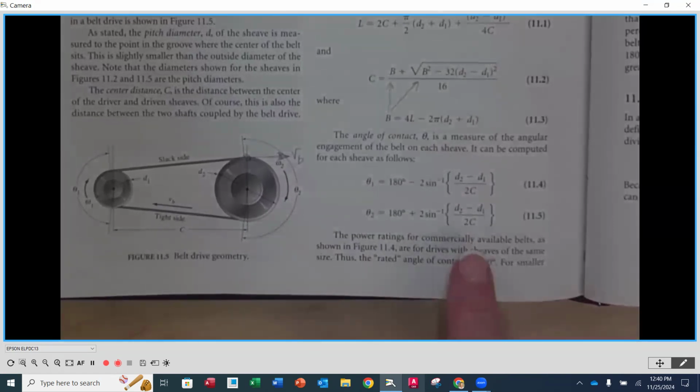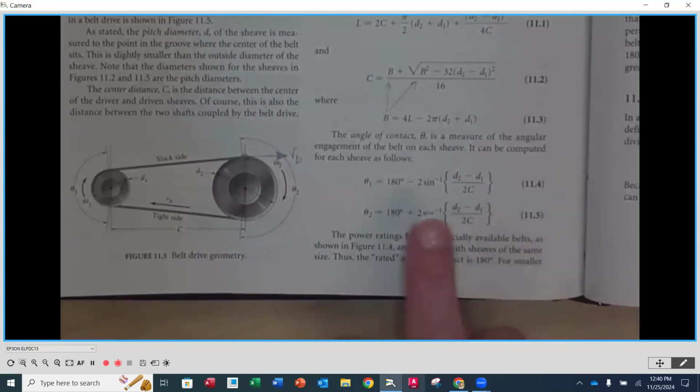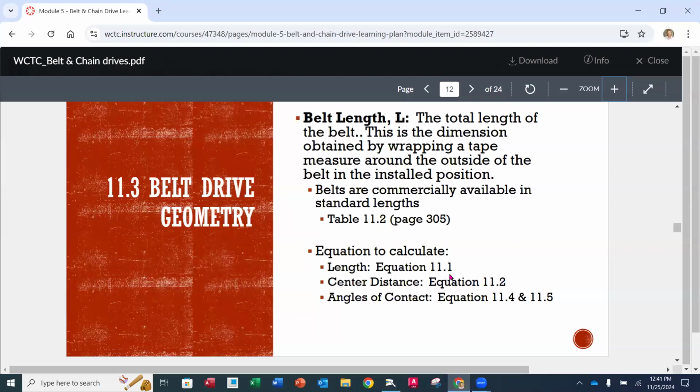So over on the right-hand side are the equations to make sure that you have the appropriate wrap. And that's where you see theta 1 and theta 2. Once we specify our diameters and we know our center distance, we can figure out those angles of wrap, and then compare them to what they should be. And we'll do that in an example.